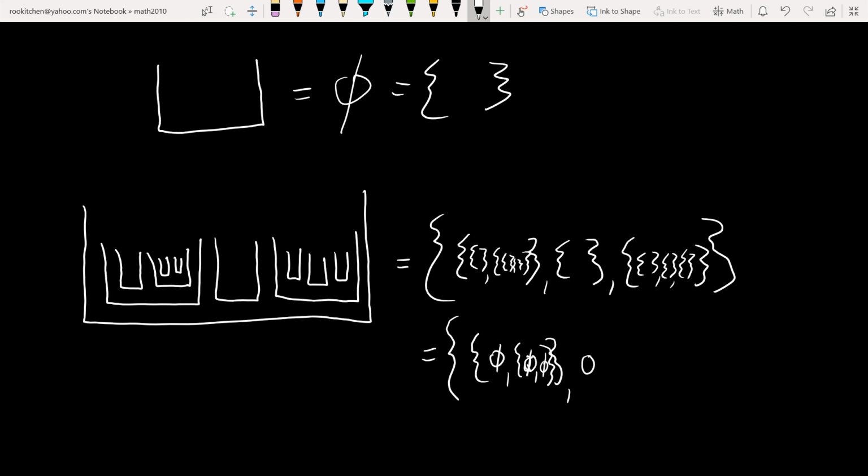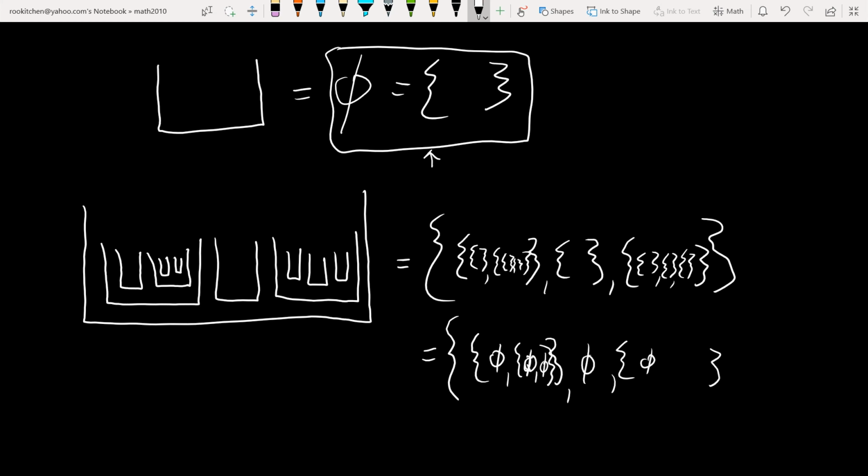Then the second one is just the null set. So I'm just going through and doing this substitution at the top of the page. Then the third set contains 3 null sets. Okay, so it's a lot of fun.